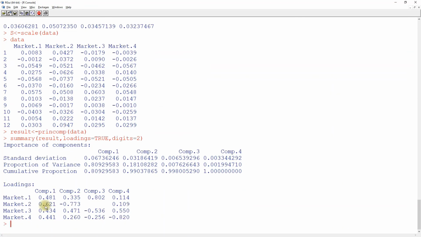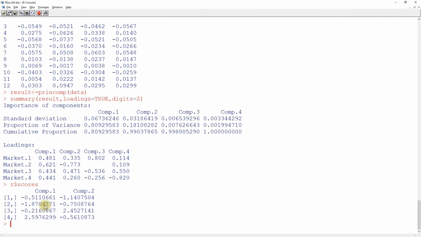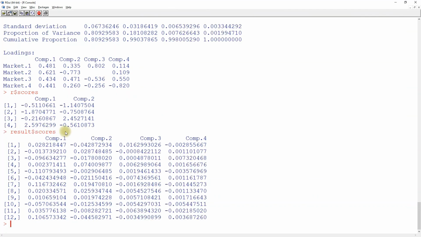You remember, the scores, to get your different scores for your data. Sorry, result scores. Here we go, you got the different scores.